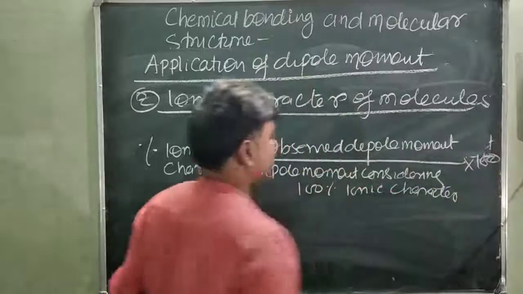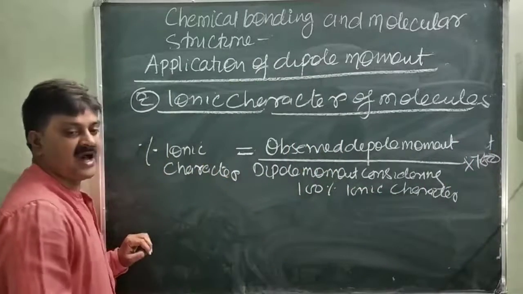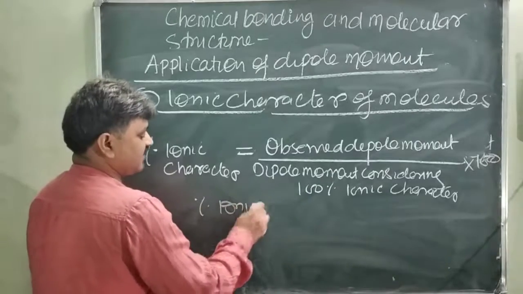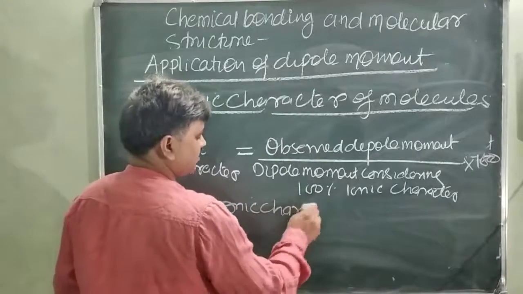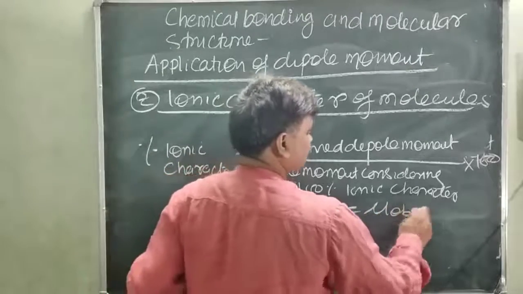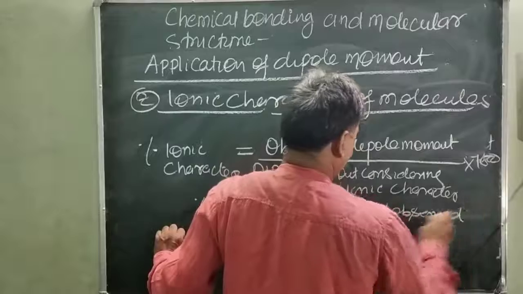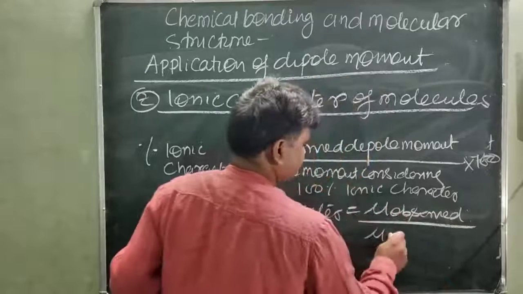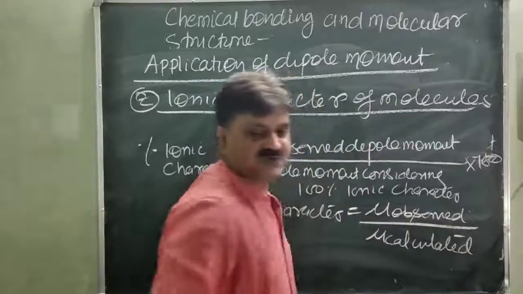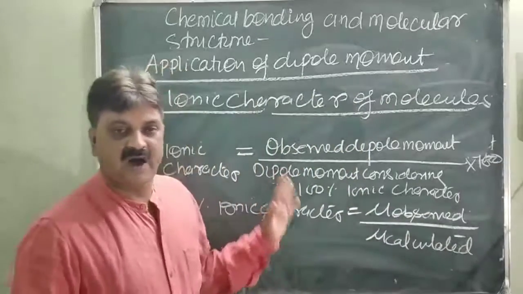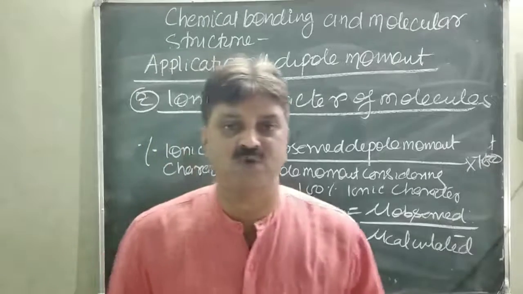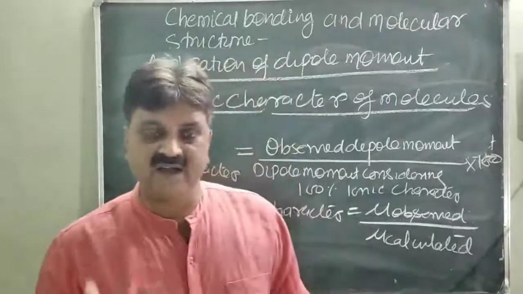In mathematical form, percentage ionic character is equal to mu observed upon mu calculated, into 100. With the help of this formula, you can predict the ionic character of a molecule. So another application of the dipole moment is to measure the ionic character of a molecule.